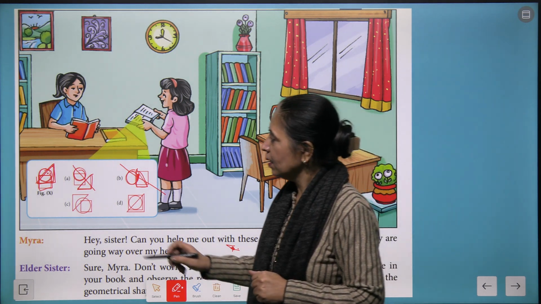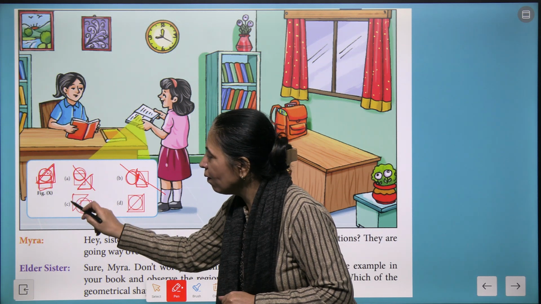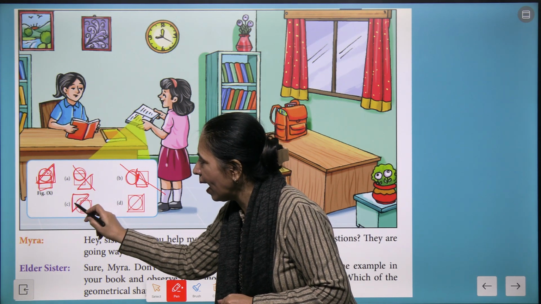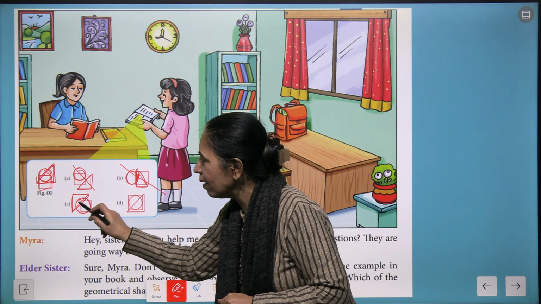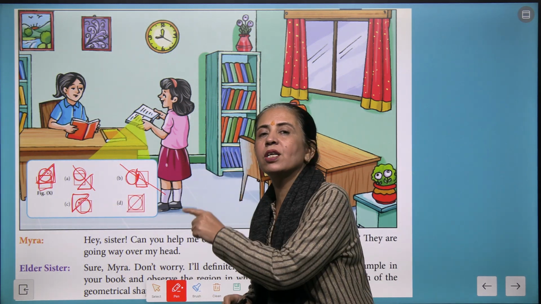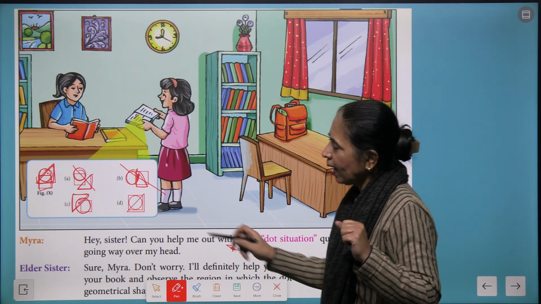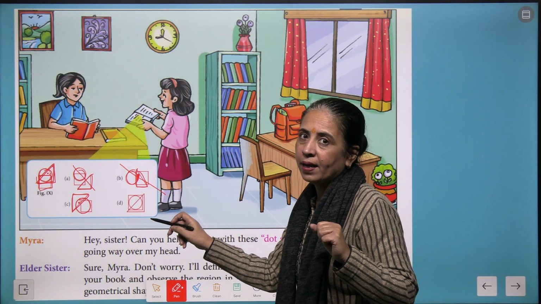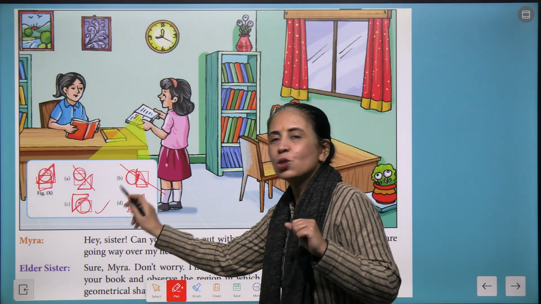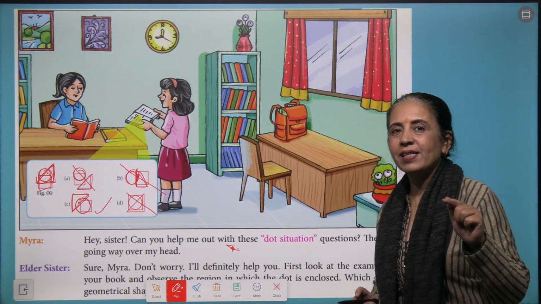Let's look at the third figure. Here we have a triangle and a circle, and we can mark the location within the intersection of the two. And can we have it over here? Again, a big no. So C is your right answer.